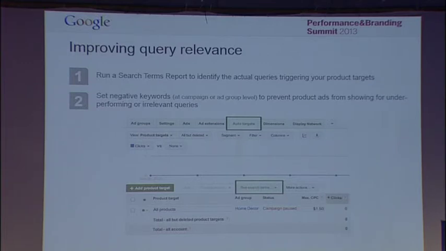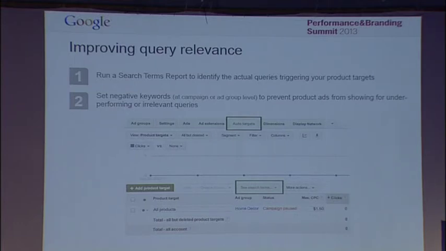And you're gonna be able to understand if there are some queries that bring you the most traffic. If that's the case, then maybe it makes sense to isolate those products in a specific segment and have a custom bid for them, probably higher than the rest of your products.